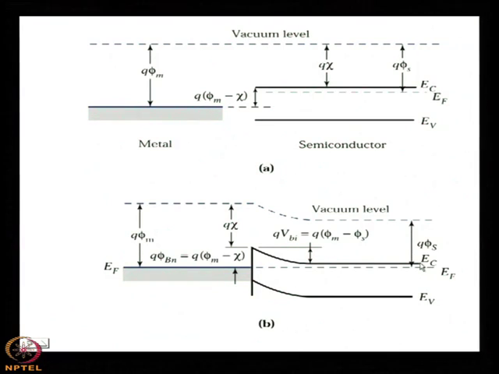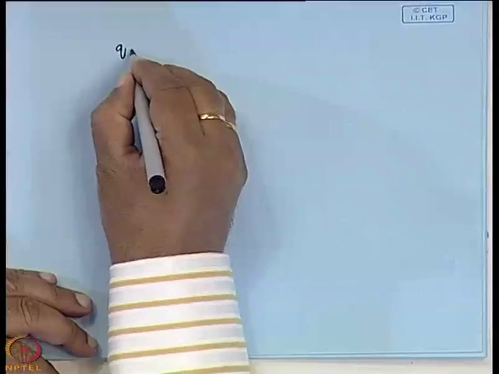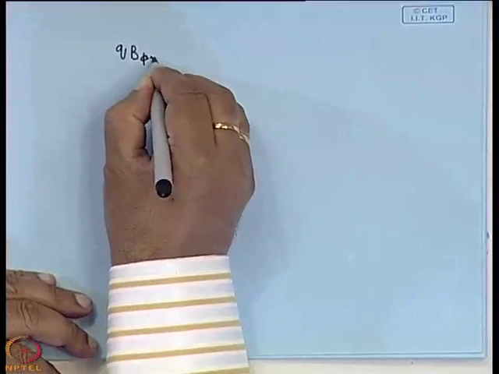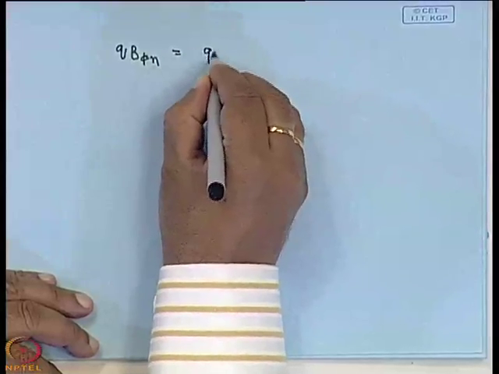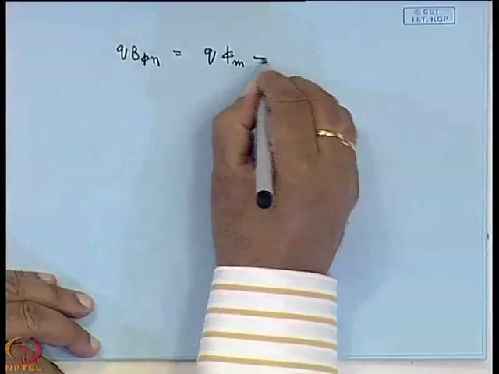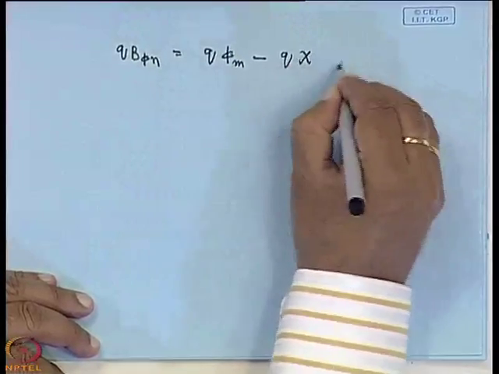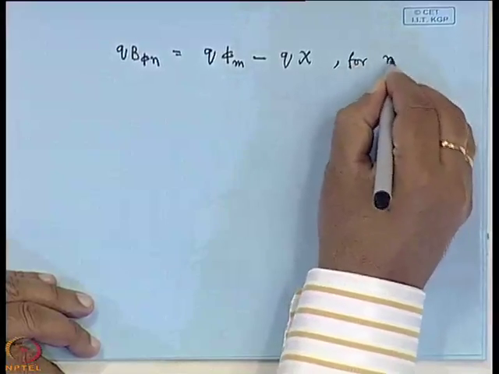Now, if you consider the band diagram, then we can see that q phi b n equals q phi m minus q chi for n type.